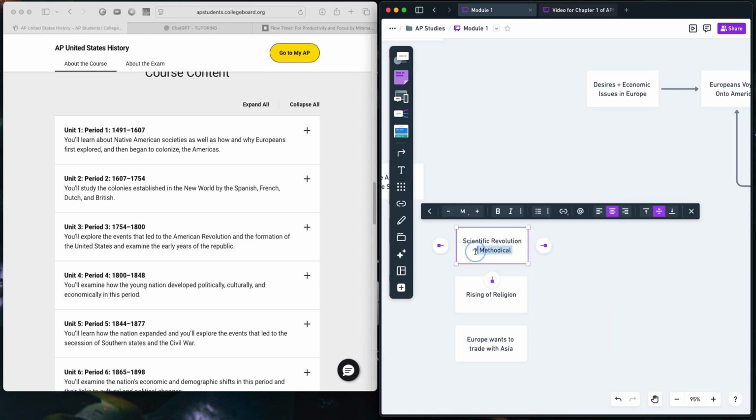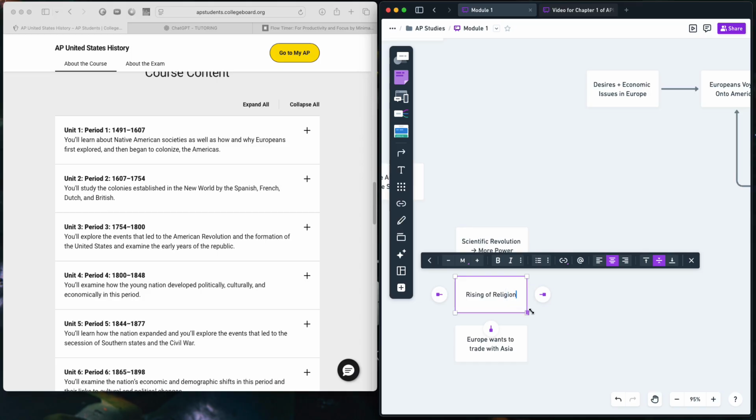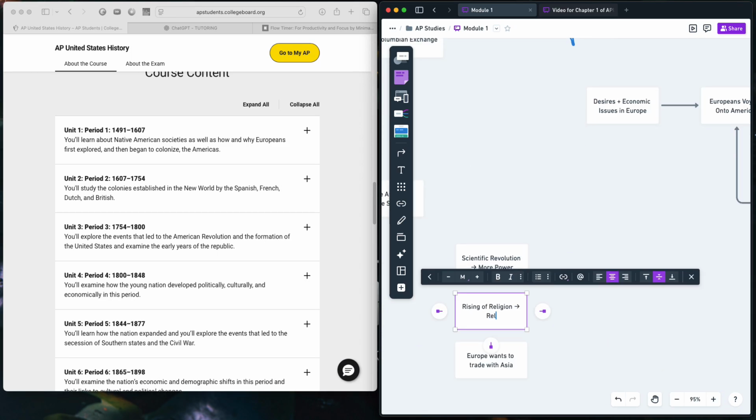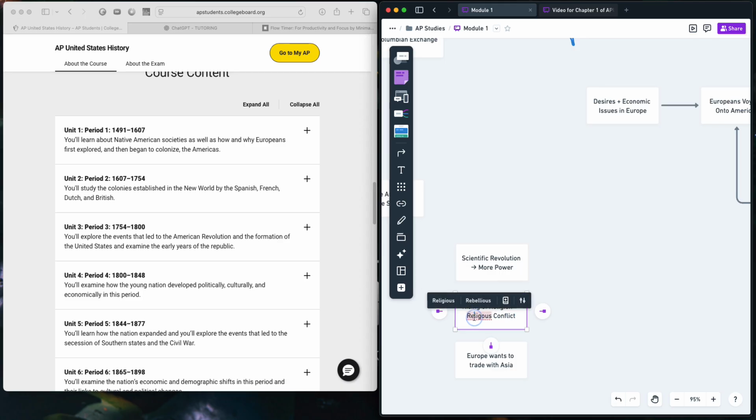So it gives them more power. We've got rising of religion, right? So being able to expand, but also led to religious conflicts. So these are concepts here.